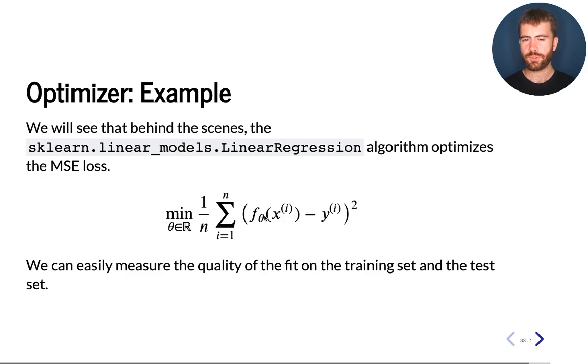In fact, there are multiple approaches. One of them is performing something called gradient descent, which we will see in the next lecture. And another approach would be to find the minimum by solving what is called a set of normal equations. We will also see that in the next lecture. But essentially, for now, I just want to mention that there are algorithms from the field of optimization which are designed to solve optimization problems like this one, and the optimizer of a learning algorithm would implement such an approach to find the theta that provides the best fit to the data.